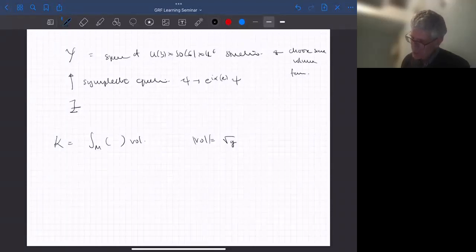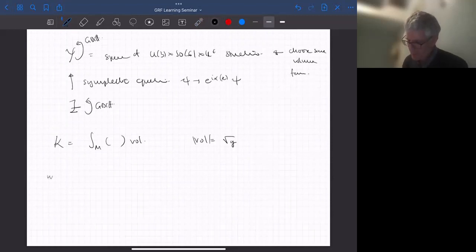So the only thing I think I really want to say is that on here, there was a natural action of generalized diffeomorphisms, that actually also becomes a natural action of generalized diffeomorphisms on here, maybe up to things that preserve a volume form. I'm not quite sure, but there will be some action.